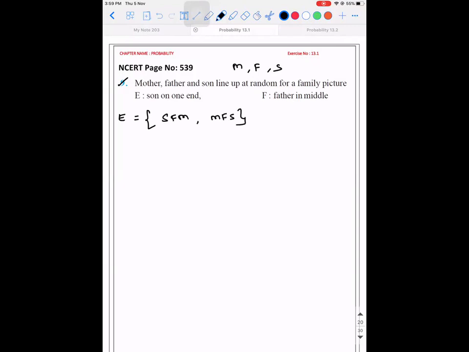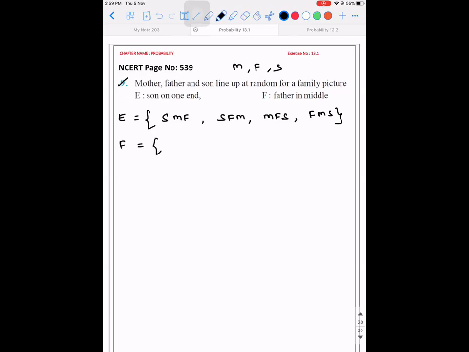What else is possible, guys? FMS, MFS. So son is fixed. Mother and father can come here, or father and mother can come here and the son can come. These are the different ways of arrangement, the permutations that are possible.